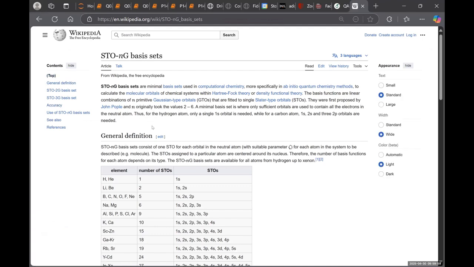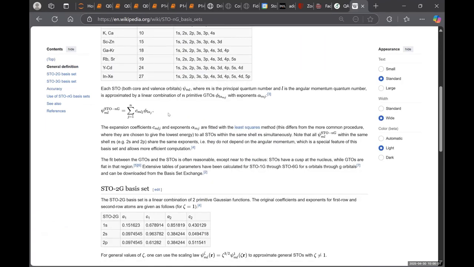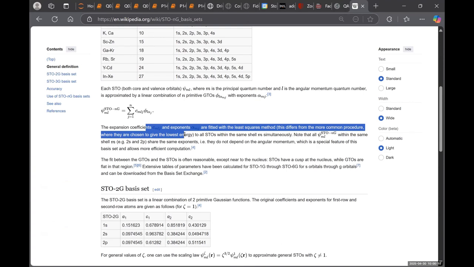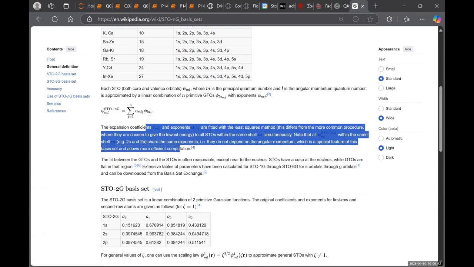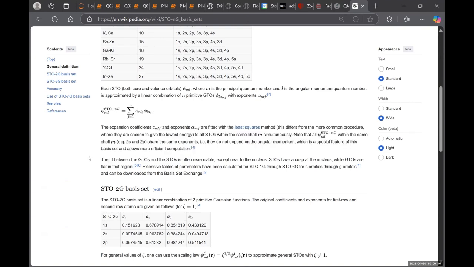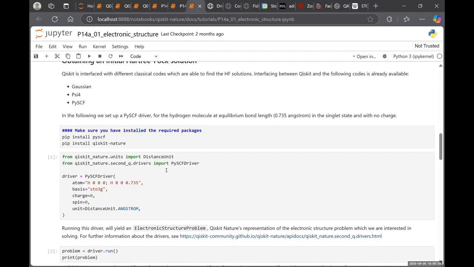This is what we just saw. Yeah, I suspect it's really basis dependent. So this is the basis they chose.